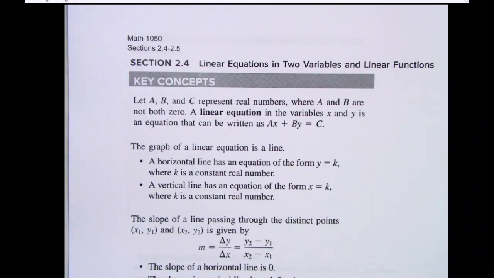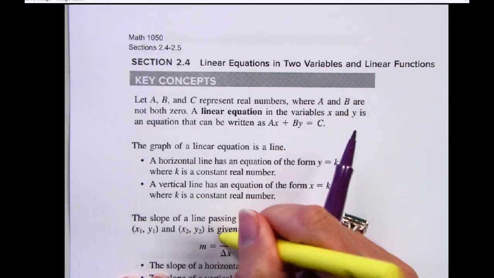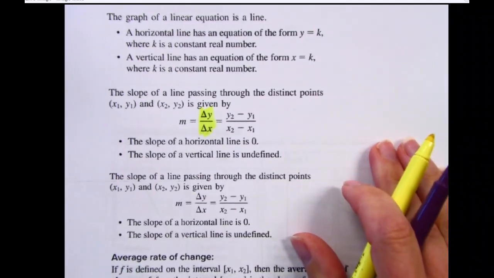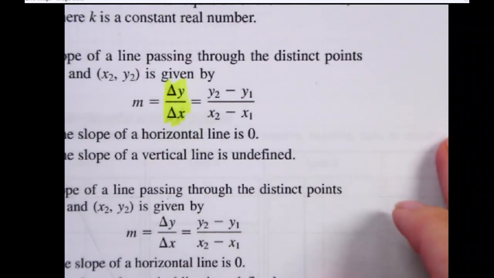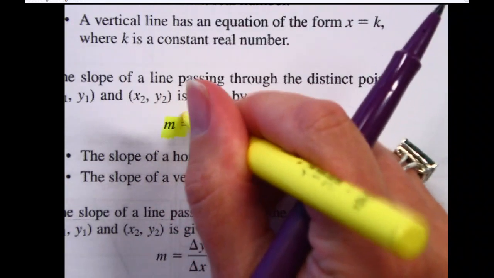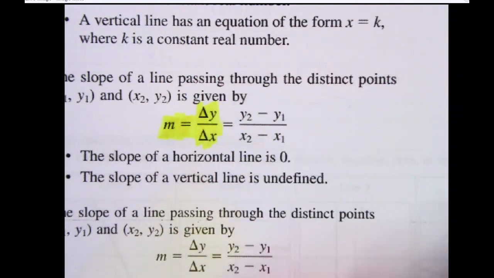All right, section 2.4, linear equations, and we're in two variables. Do you guys recognize this notation? Have we ever seen that? I don't remember teaching it. Doesn't mean you haven't seen it, though. You know what M is? What's M? Slope.